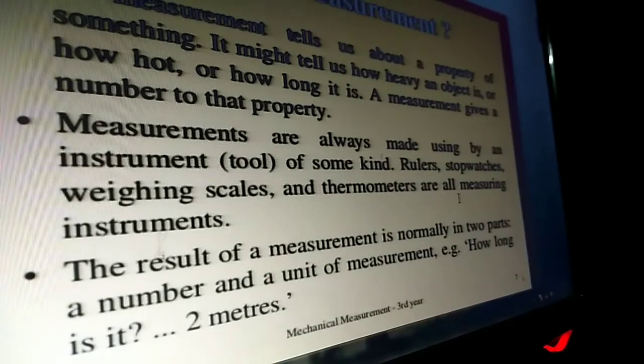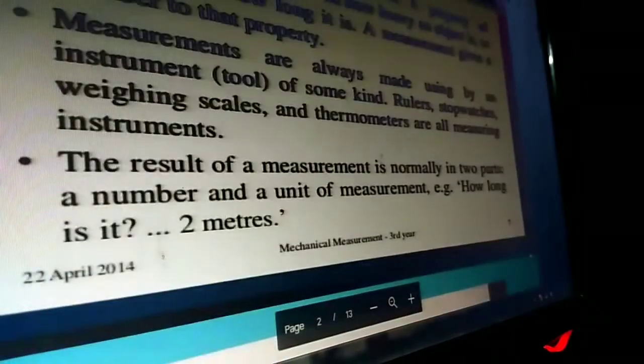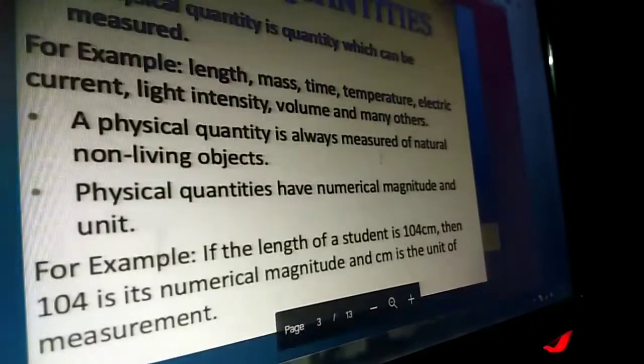As we discussed in Tuesday's class, these measurements have two parts. One is a number, which is called magnitude, and the other is a known measurement, that is a standard measurement, which is called the unit. Next, coming to a physical quantity, we already discussed it.